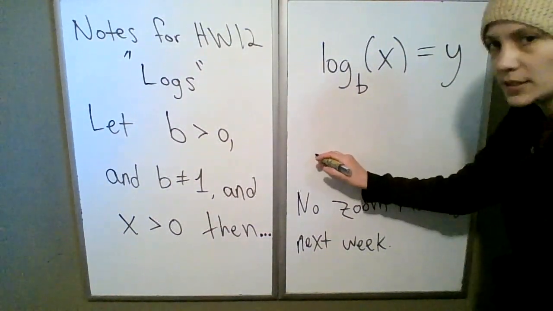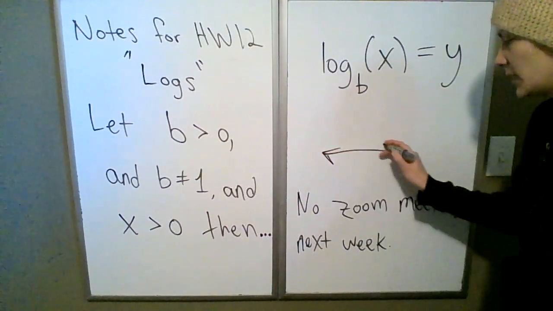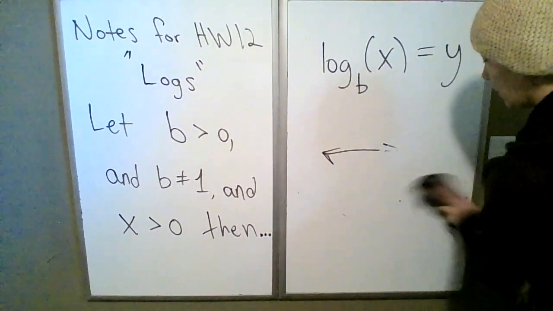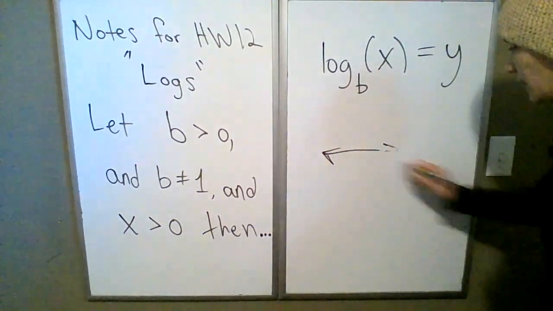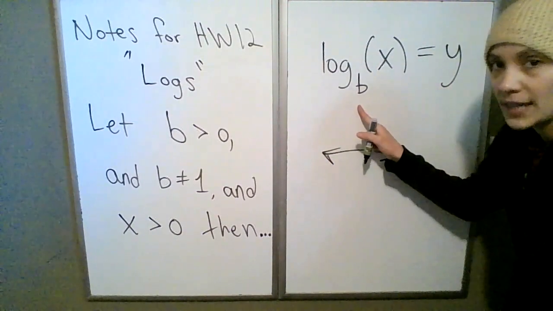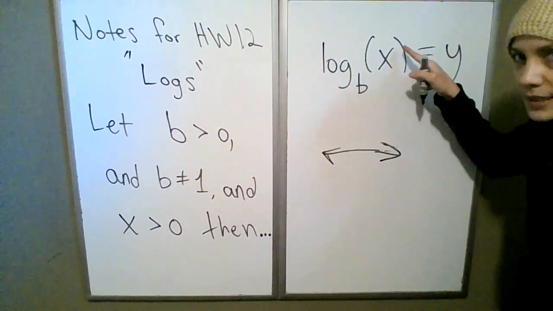And this is equivalent to, which we use a double-sided arrow, that one is equal to the other. One implies the other and the other way around. Take that base b, raise it to a power y, set it equal to x.